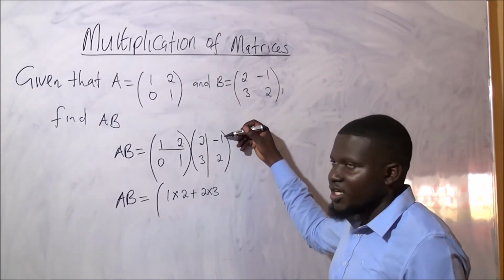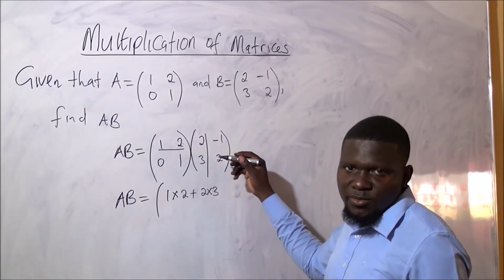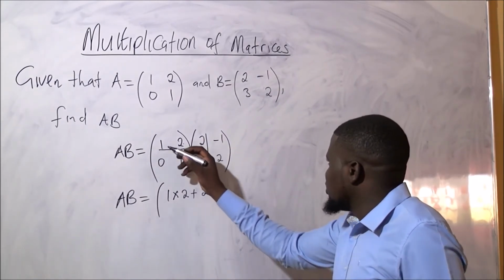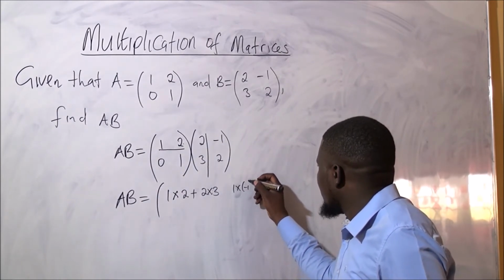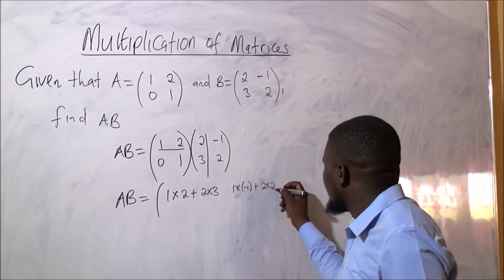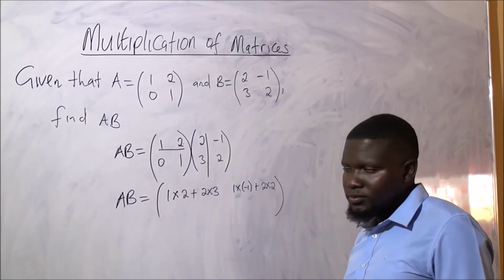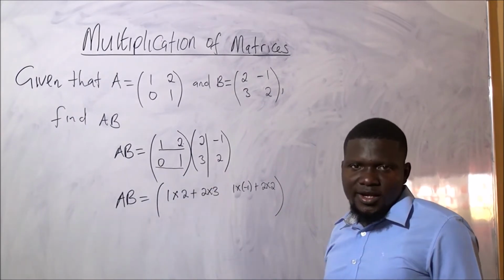We move on to the second column, which is negative 1 and 2. We multiply by the same row we have there. So this 1 times negative 1, so 1 times neg 1 plus 2 multiplied by 2. Then we come to the second row here, which is 0 and 1.